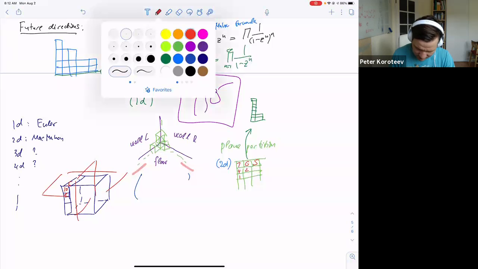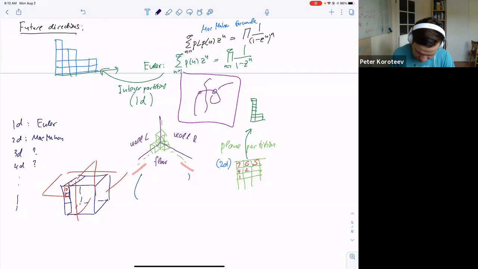So 3D partitions or solid partitions. So these are called integer partitions. These are plane partitions. And these are solid partitions.